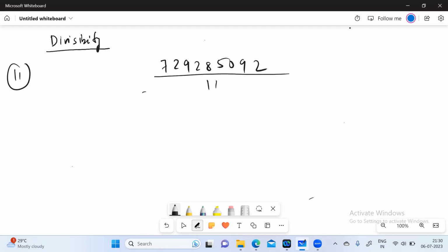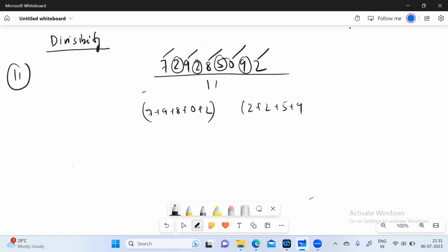Take all the odd places, the digits of all these places, and add them. So it will be 7 plus 9 plus 8 plus 0 plus 2. And then take all the even places digits and add them: 2 plus 2 plus 5 plus 9.